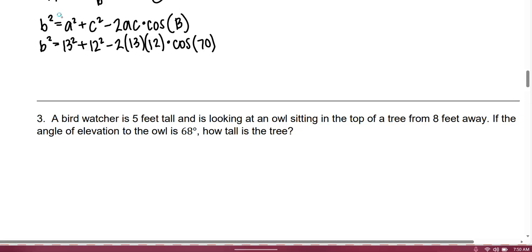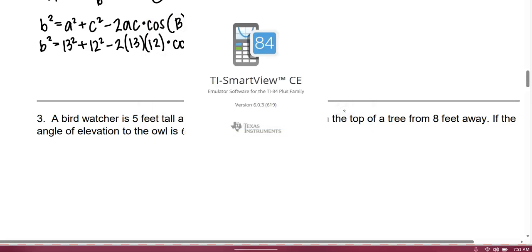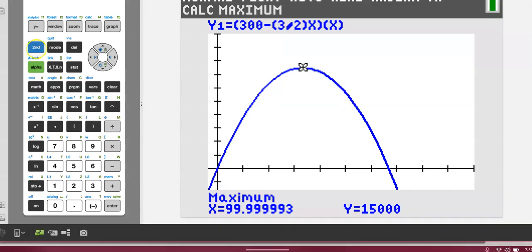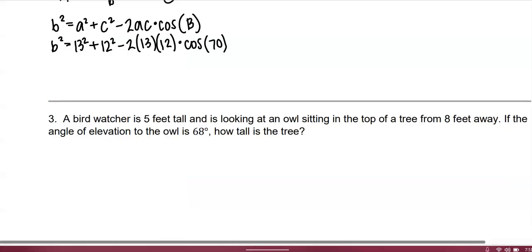And then I'm going to bring up my calculator to type this in. Because you have cosine of 70 degrees, you'll never have to find cosine of 70 degrees on your own, and so that's why I'm going to go ahead and use a calculator for this part. So the question was, how do I put b squared in my calculator first? You don't. After my equal sign is nothing but numbers.